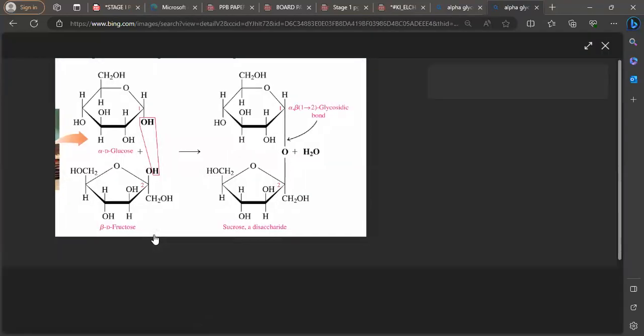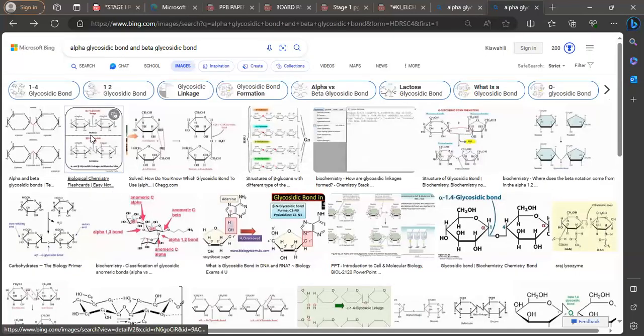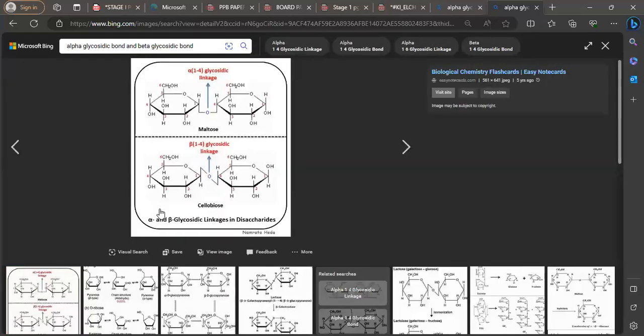I think that's what Nani was explaining when we were doing discussion. I remember us saying beta up, alpha down. So beta will have different stereochemistry because it's upside down. And then the alpha will have the same.